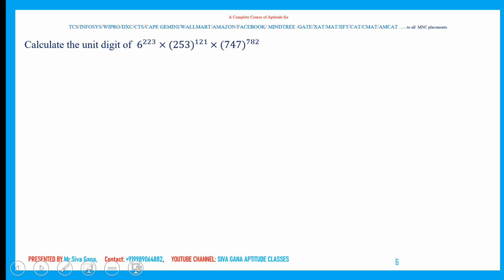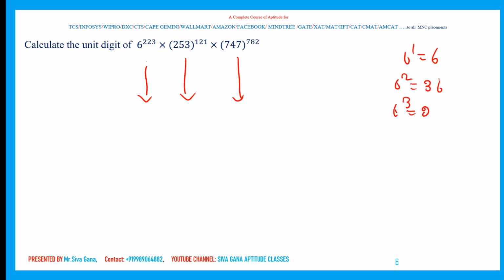Now the next one. Individually I am finding, then I am going to multiply. 6 power anything. Just now we have seen the cyclicity value of 6 is 1. 6 power 1 is 6, 6 square is 36, 6 cube is 216. So 6 power anything, unit digit is 6. Now the first term's unit digit is 6.